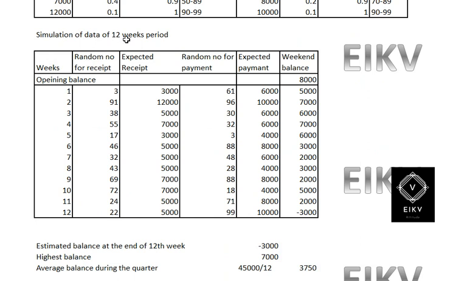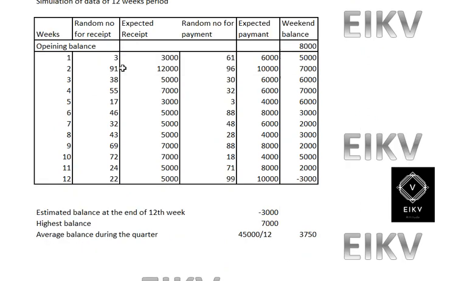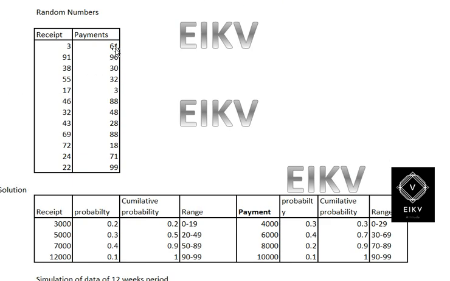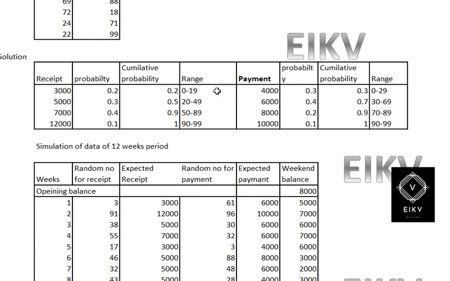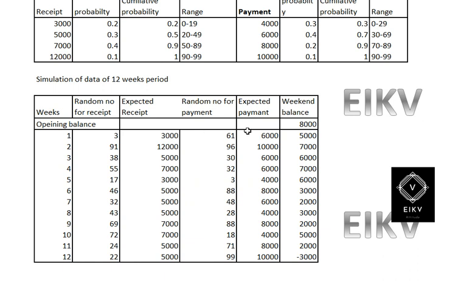Simulation of data for the 12 weeks period. First we have 3 as the random number. When we check the random number 3 against the ranges, it falls in the first, which is 3000.